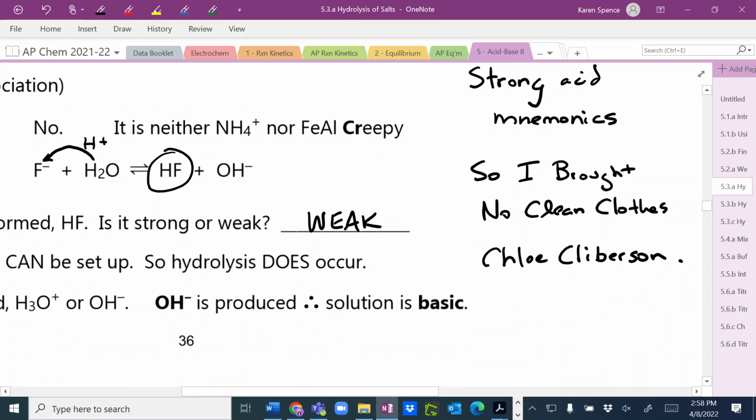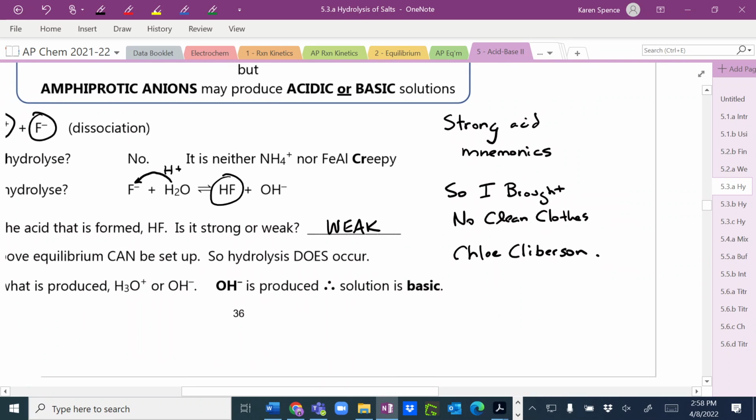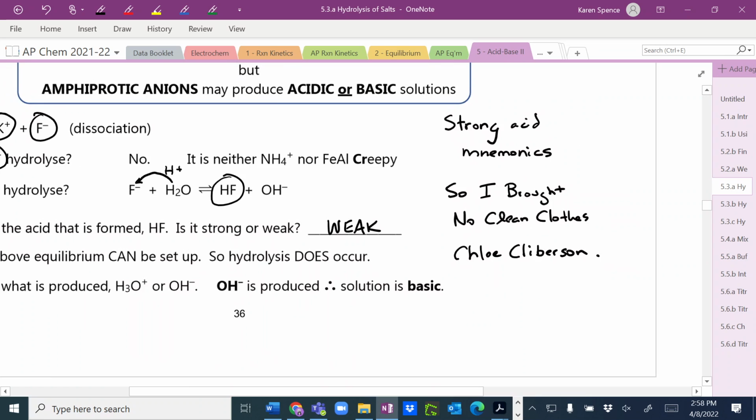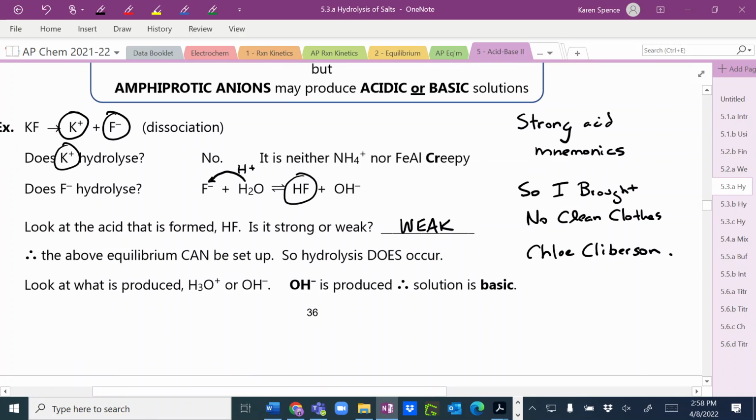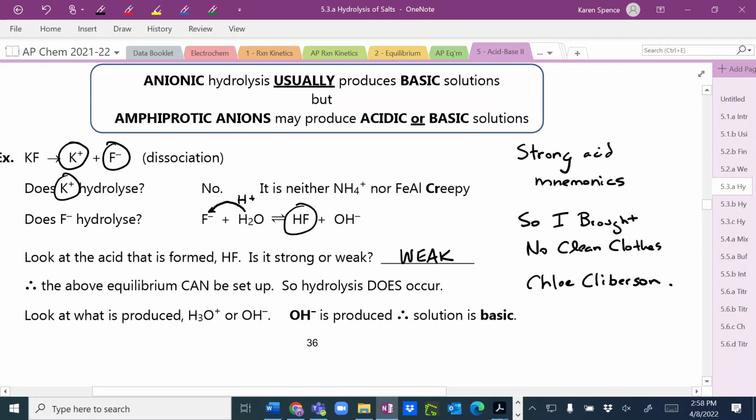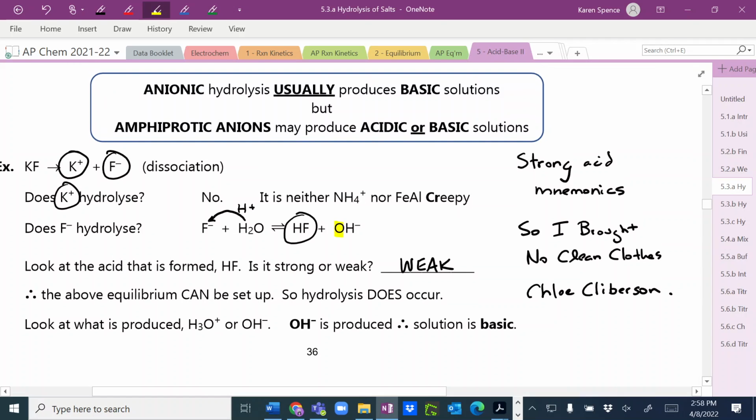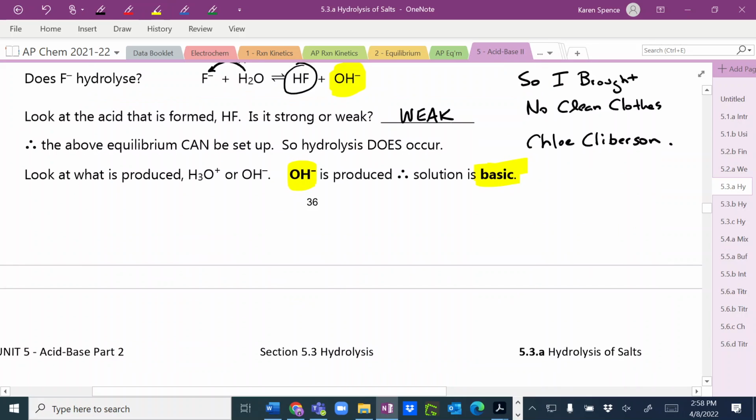Okay. So we can get that equilibrium set up, so hydrolysis does occur. What was produced? OH-. And if OH- is produced, then the solution is basic. Okay? Easy enough?